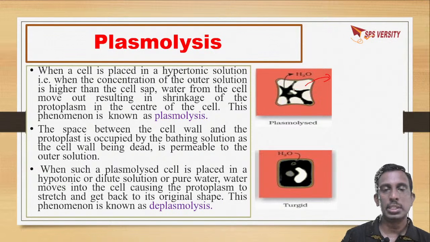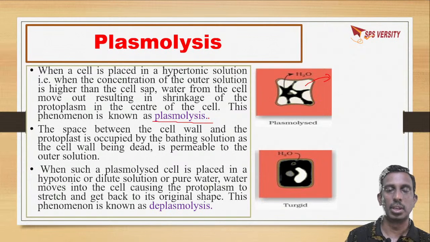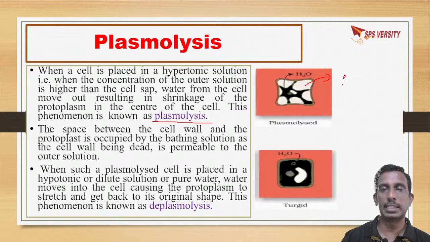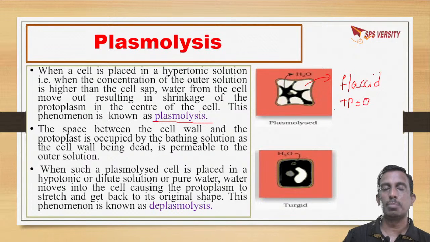This process is called plasmolysis. And if the same process continues for a longer period, it leads to death of the cell. Here it becomes flaccid, that is, the turgor pressure is 0. TP is 0. Obviously, wall pressure will also be 0.